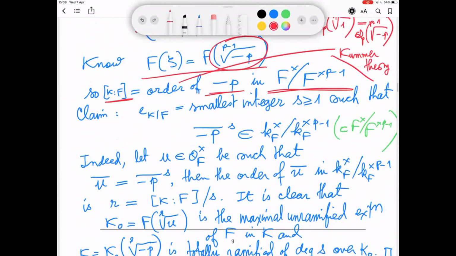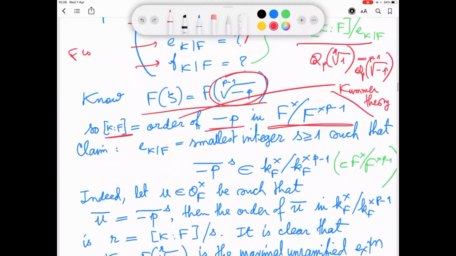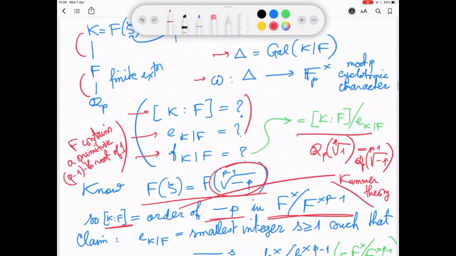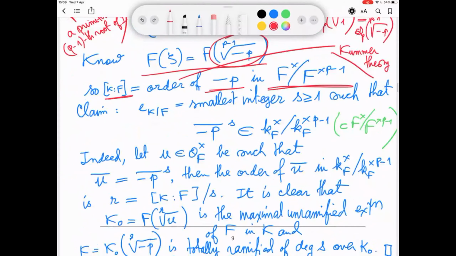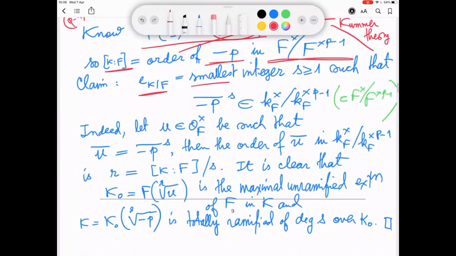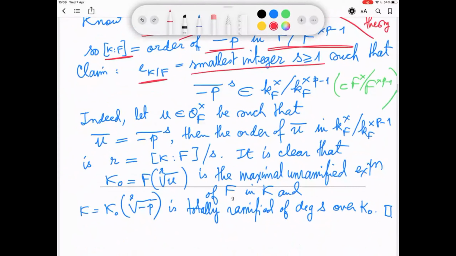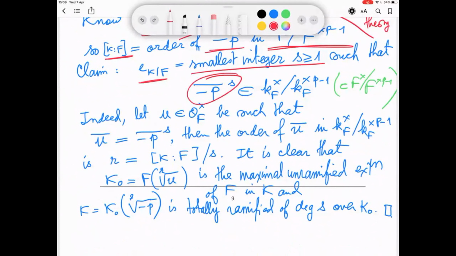Kummer, because F contains a primitive p minus 1th root of 1, of course, right? Even QP star contains such a thing, right? And the ramification index is going to be the smallest integer s such that minus 1 bar to the power s belongs to this subgroup of this.